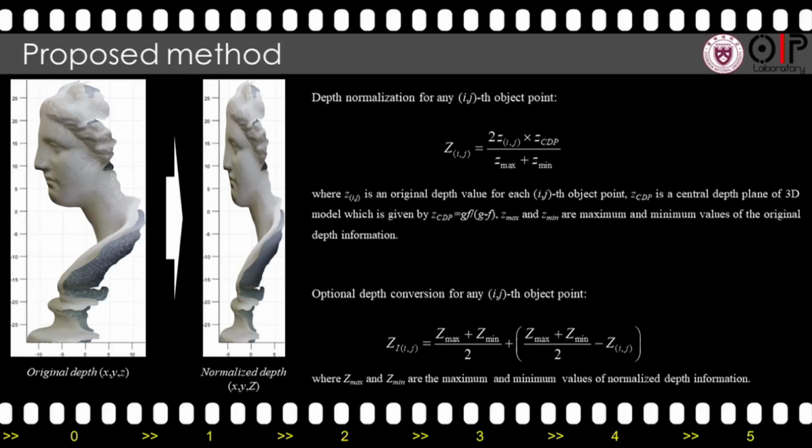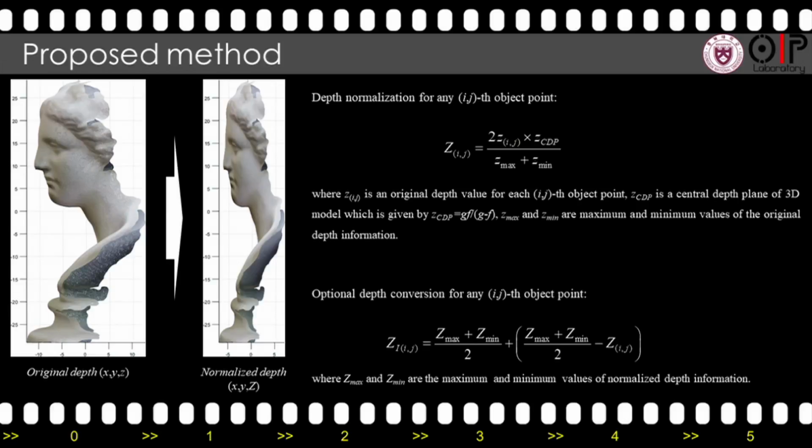So in the preprocessing stage, we should normalize the acquired depth data into the depth of field of the lens array, because most of the acquired depth data is much wider than the depth of field of the lens array that can reconstruct the three-dimensional image properly. So by using this equation, we can normalize the entire data of the real object to match the lens array's depth of field.